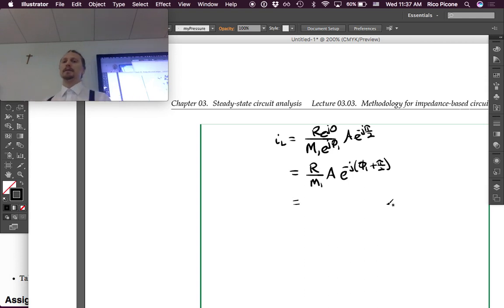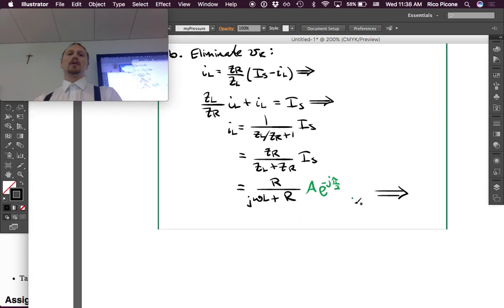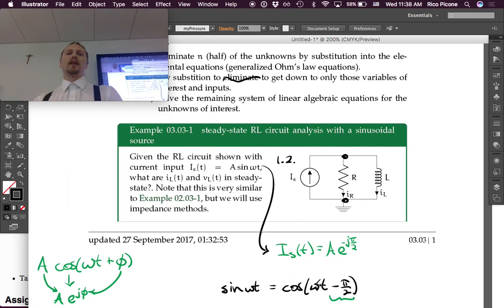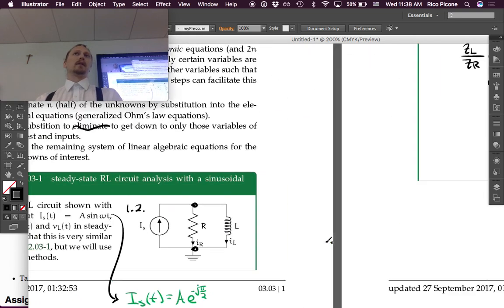So, what is this in trigonometric form? So what's the amplitude going to be? R over M1 times A. Cosine or sine? Cosine, because we chose to use, back over here, the cosine convention for our phasor, right?